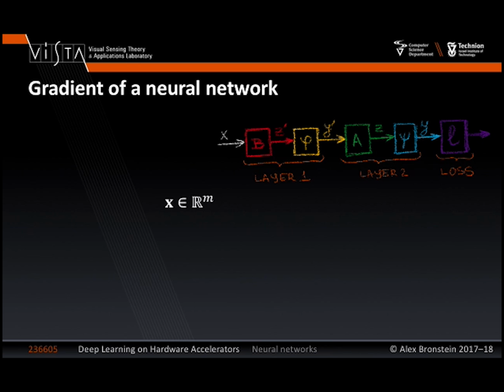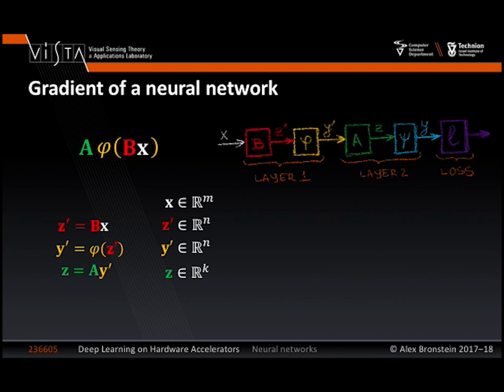Okay, so I'm starting with the input X. I'm transforming it by the matrix B, and I'm using colors just to make it friendlier. Then I'm transforming it by the yellow nonlinearity phi, and I'm producing an intermediate output vector y prime. Okay. Then I'm transforming it by the green matrix A, applying the blue nonlinearity psi, and this produces the output of the network.